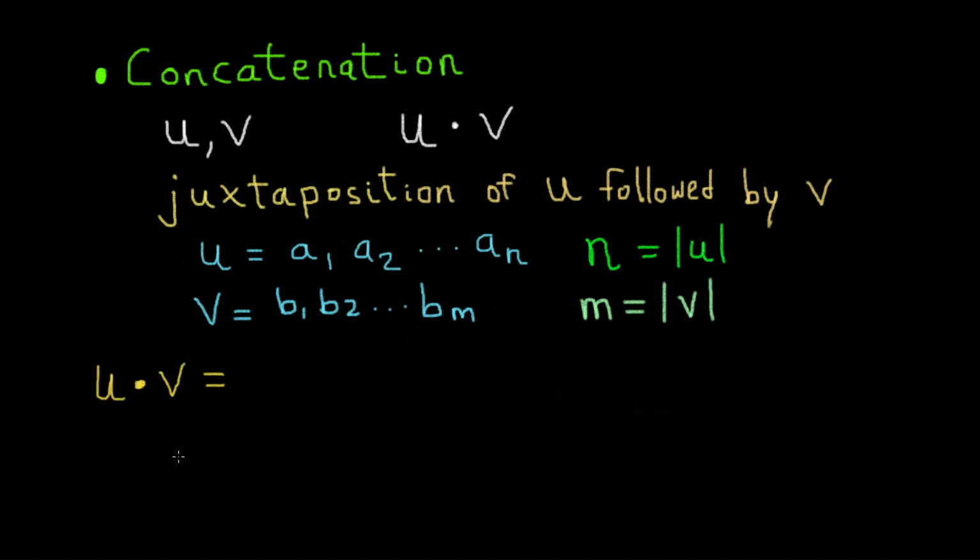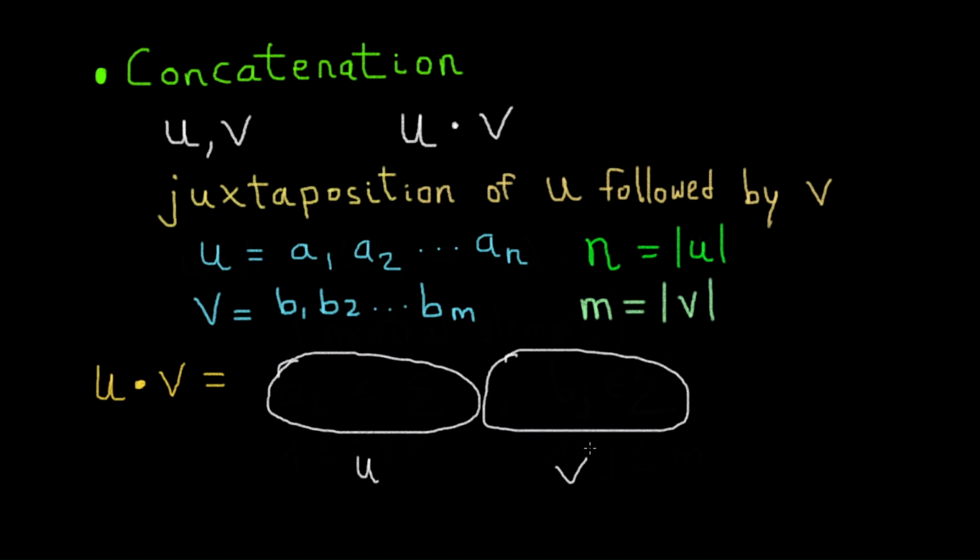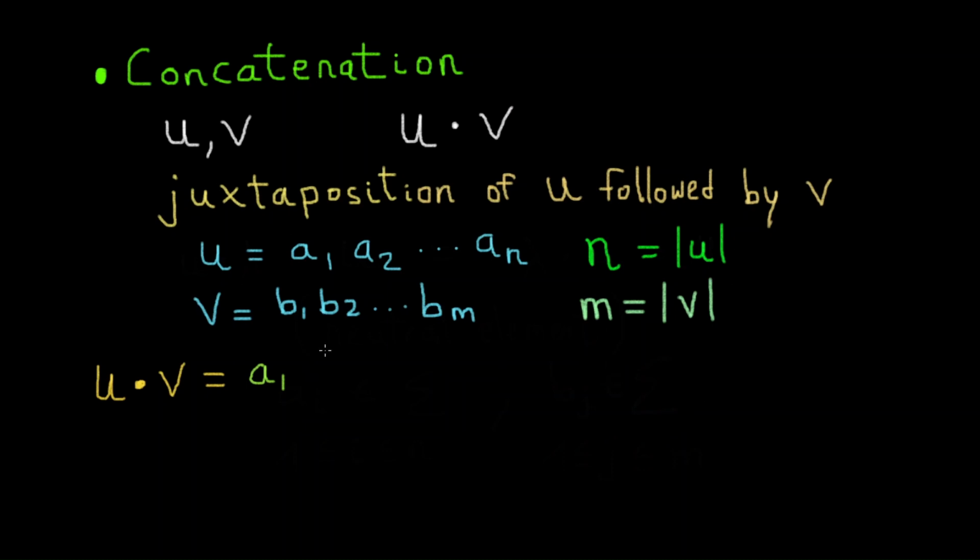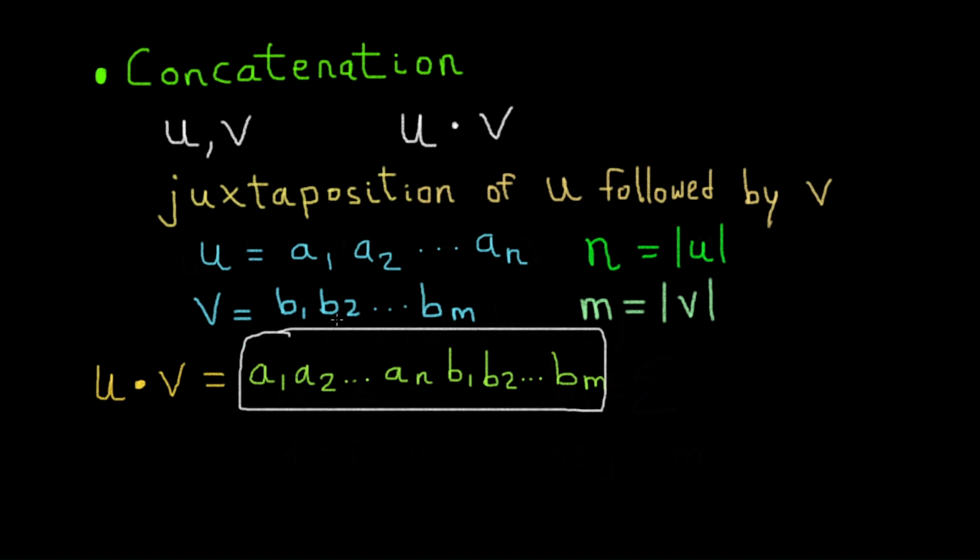So when we concatenate u with v, what do we get? Well, we just look at the formal definition. It is the juxtaposition of u followed by v. So this is going to be a word. The result of concatenation is a resulting word, where first we have the u until its last symbol, and then we have the v. So this is the result of concatenating u with v.